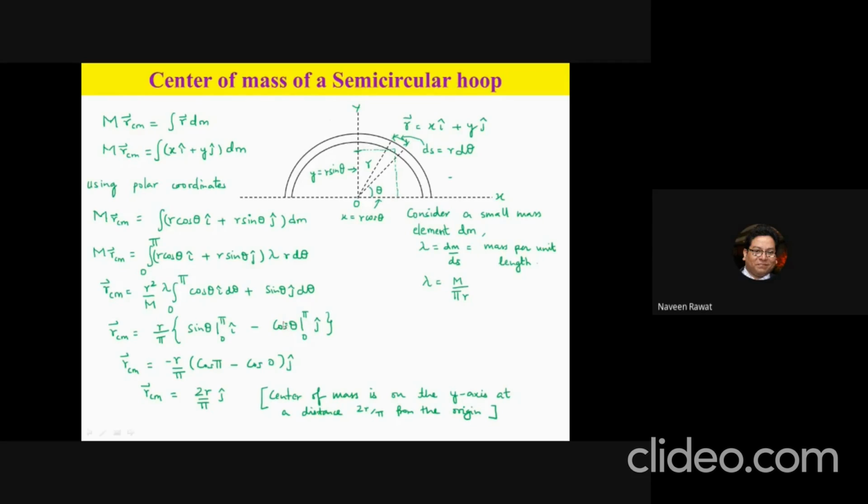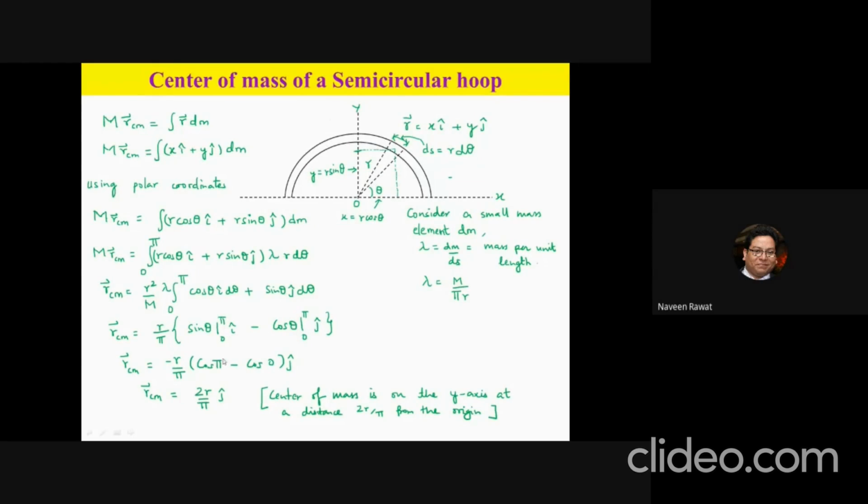And in the second term, you get basically 1 minus of minus 1, so you get 2 that comes out of here. The negative signs cancel, so you get essentially the position of center of mass is 2r divided by pi, and it's in the j direction, because the i term completely goes to 0.